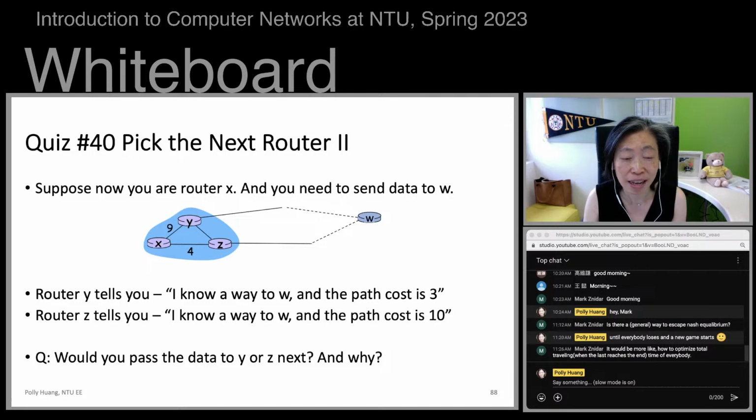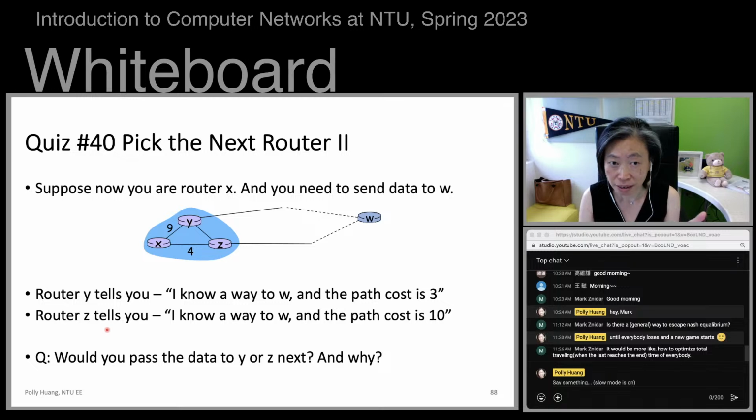Hey, you swore already you're router X, right? Good. Now Y tells you a little bit more. He knows a way to w, and the path cost from Y to w is 3.